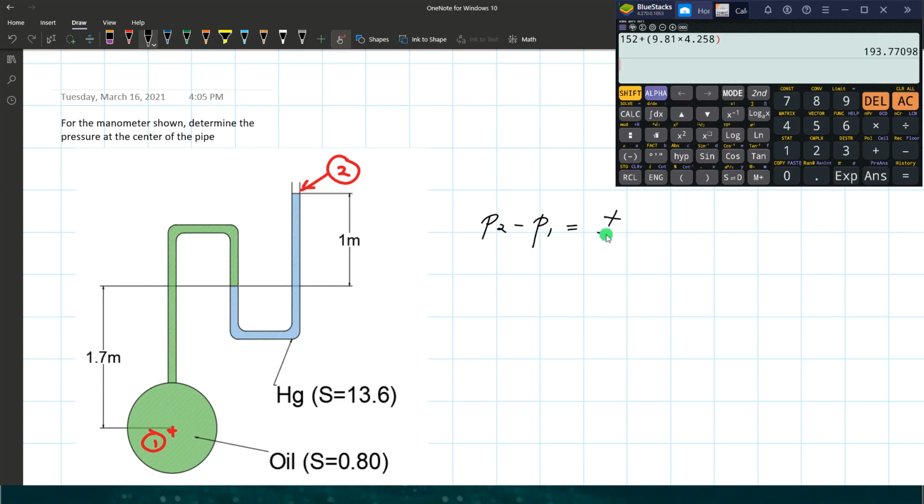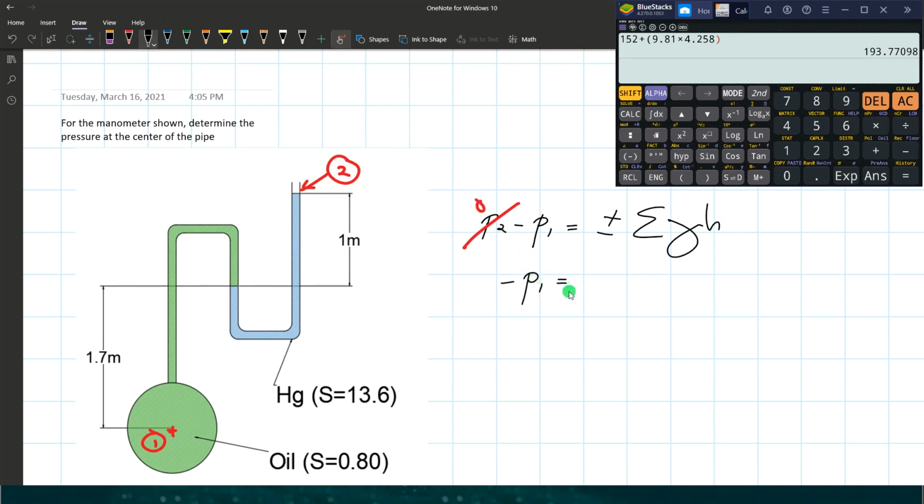So we have plus or minus sum of product of unit weight times H. So we're required to determine the pressure at point 1. So point 2 is at the free surface of the mercury. So there's no pressure present at point 2. So that's 0. So what remains is pressure 1.